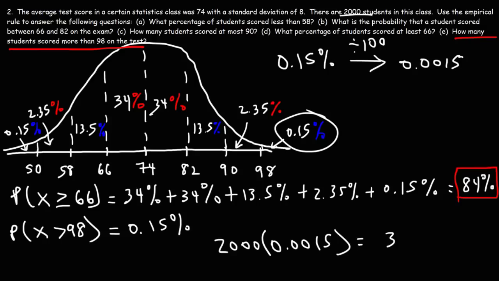So about 3 students scored more than 98 on the exam. And that's it for number 2. So that's how you could use the empirical rule to answer probability problems related to a normal distribution situation.